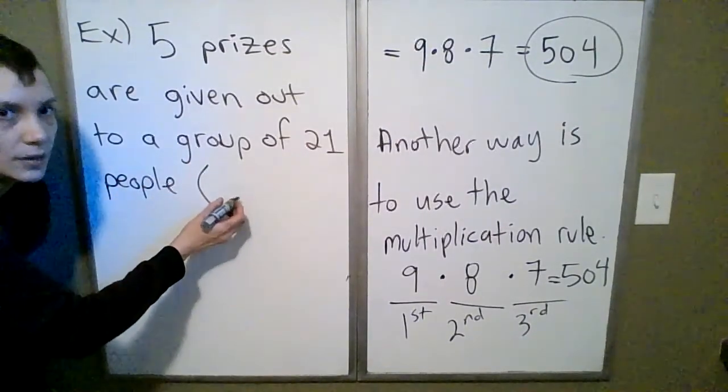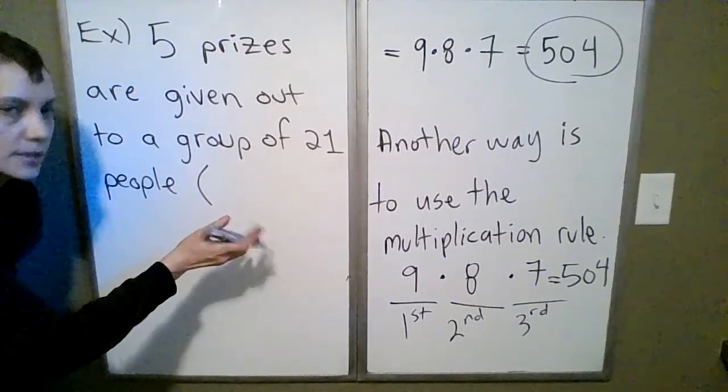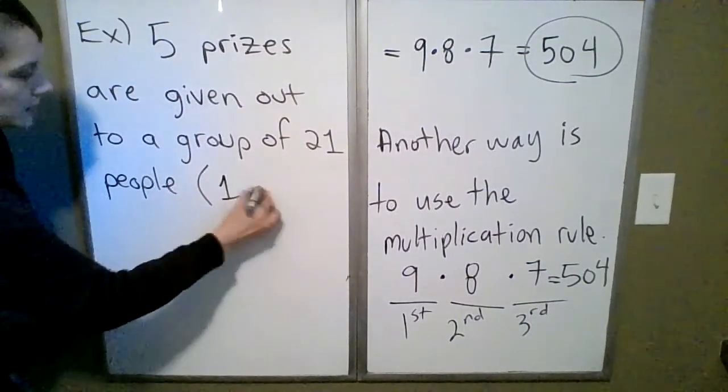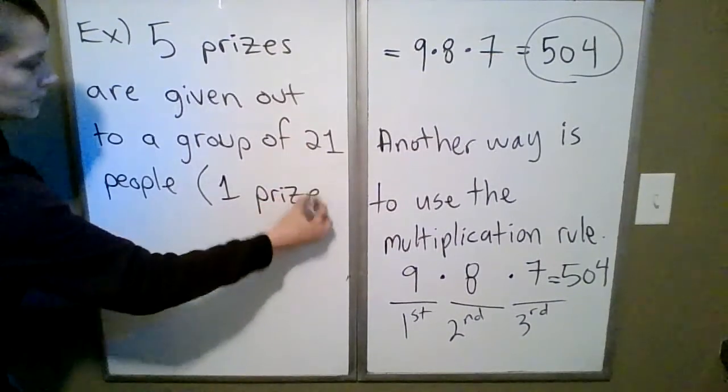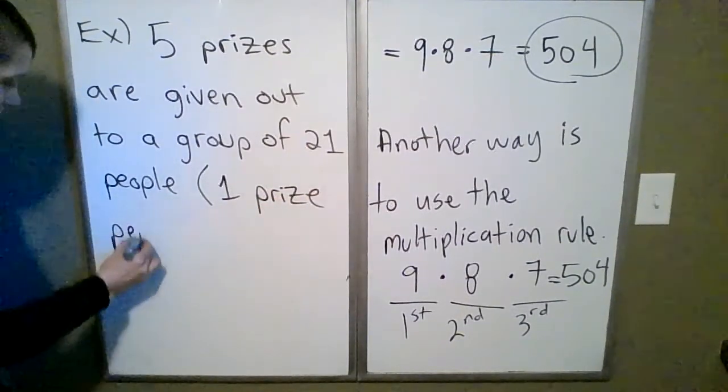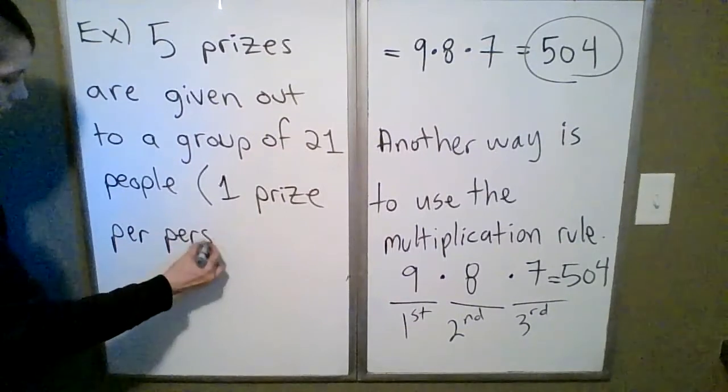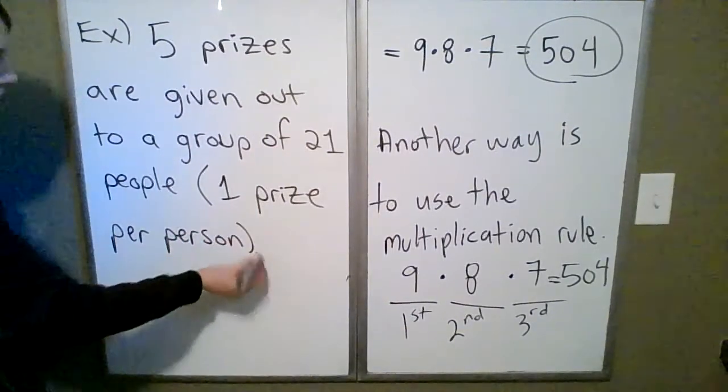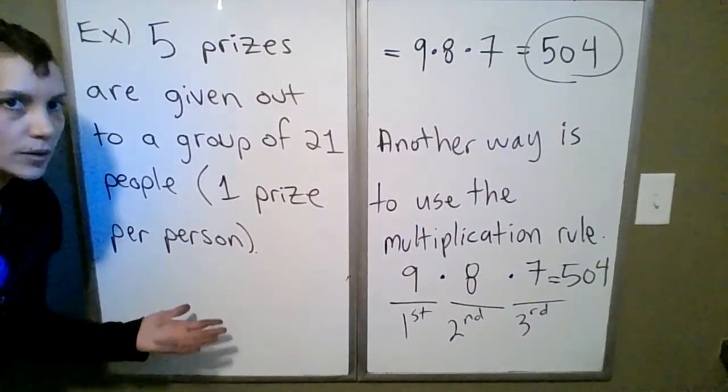The rule is that every person can only get 1 prize. How many outcomes are possible?